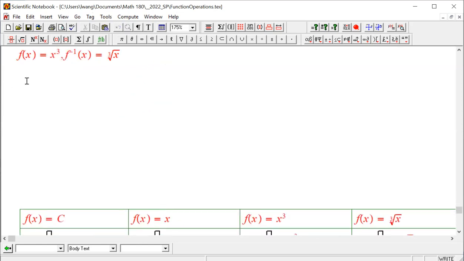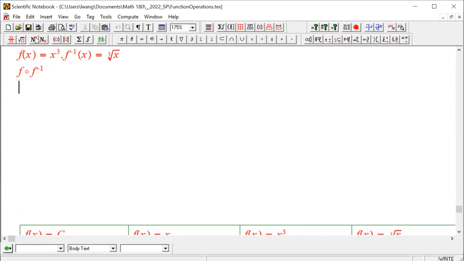What we want to analyze is f composite its inverse, and the other one is f inverse composite f.